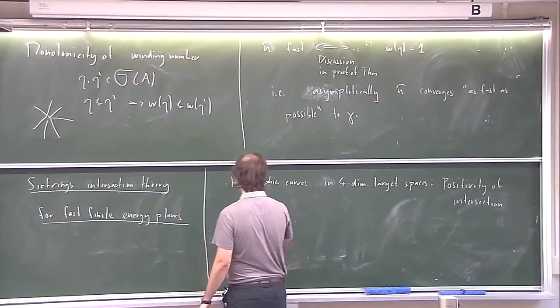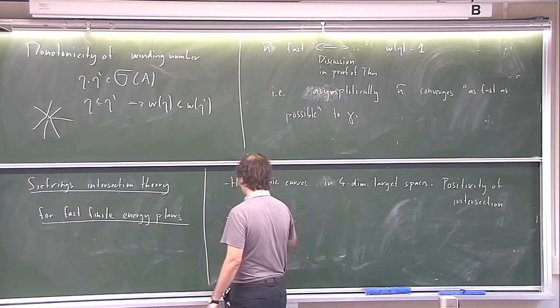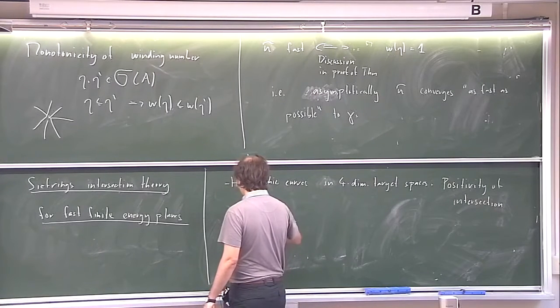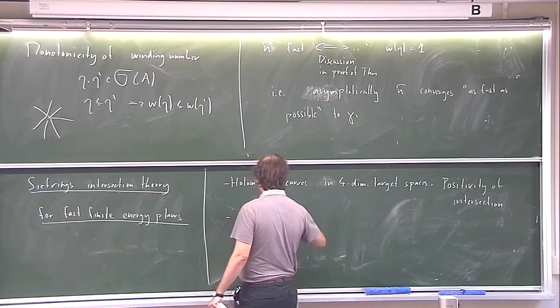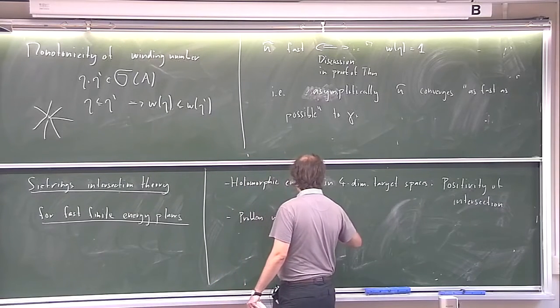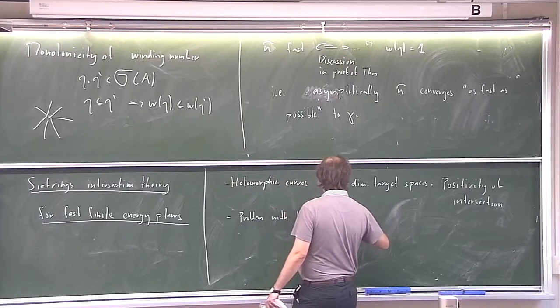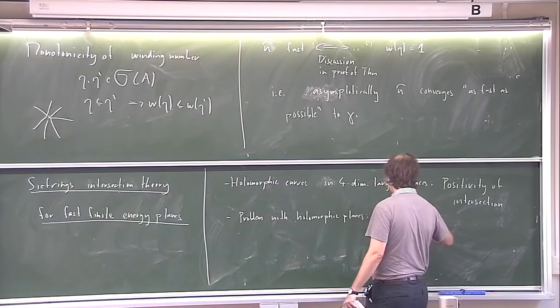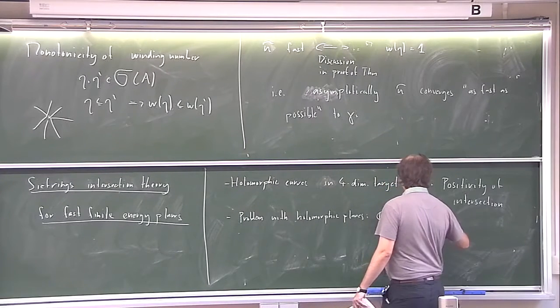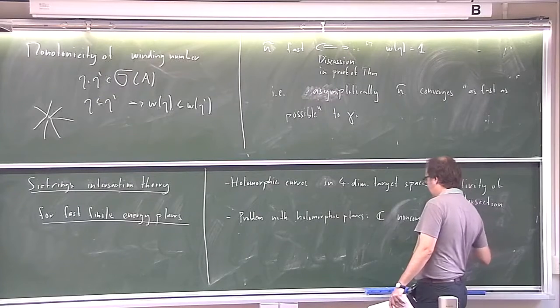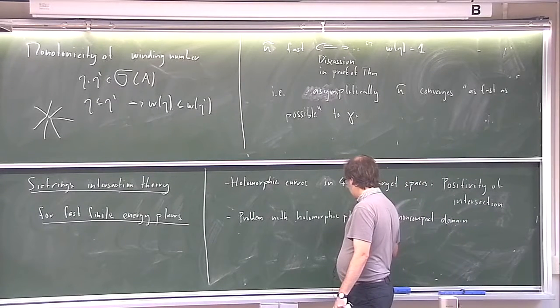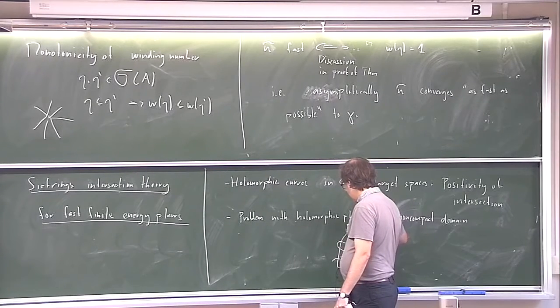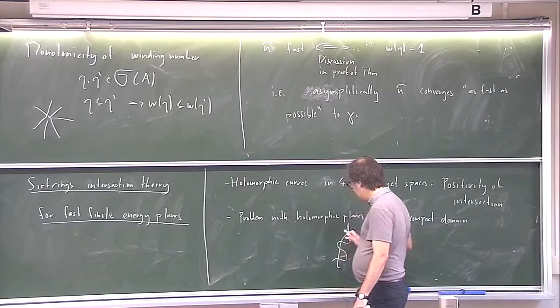But our holomorphic planes have a bit of a nasty property because they have non-compact domain. The problem with holomorphic planes: we have C, a non-compact domain, and if we have 2 holomorphic planes, they intersect, and then asymptotically, of course, my picture always misses some dimension.